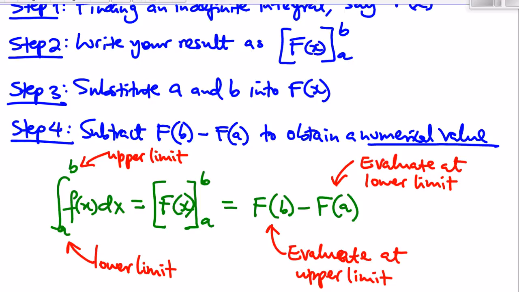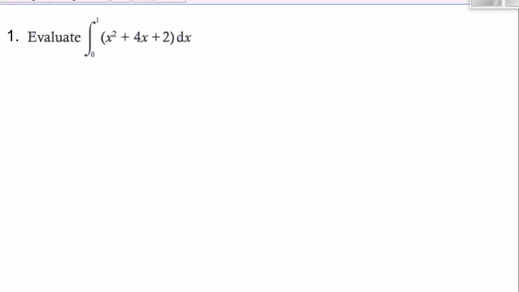So we've discussed a lot of things. Let's now apply this in solving a question. The first step, of course, is to integrate. So this will be equal to x to the power 3 over 3 plus 4x squared over 2 plus 2x.